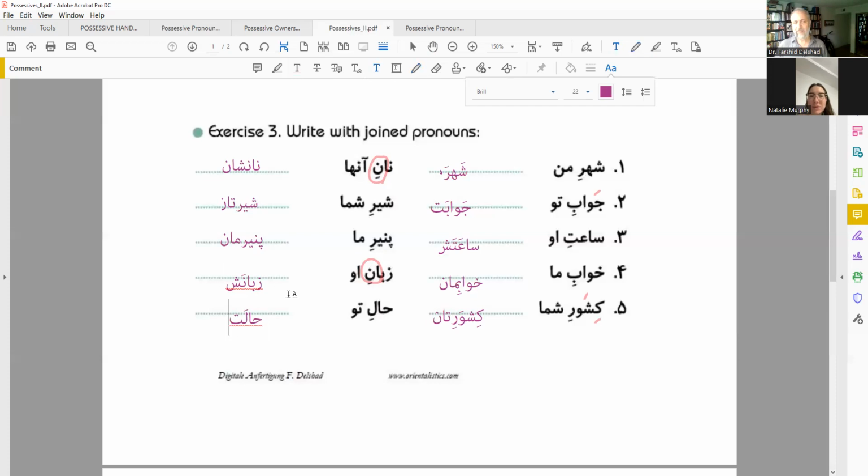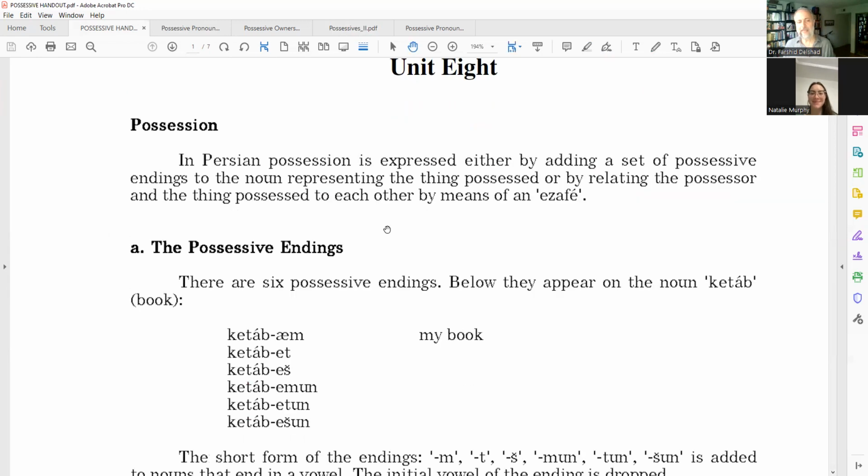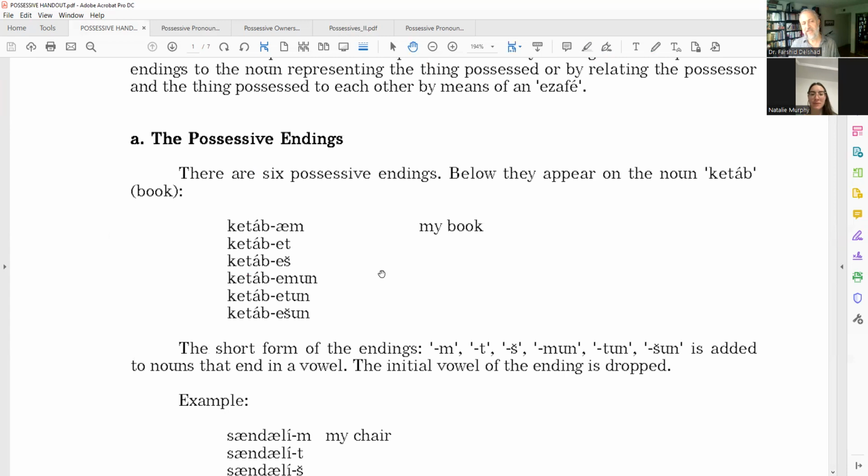Halat. Yes. Perfect. So now, because the two other students are missing, I don't want to introduce a new topic, but it would be amazing if you would go over Unit 8, which I'm sending you. The good thing about that is that you can read the entire chapter, which is about 7 pages, just in transcription.